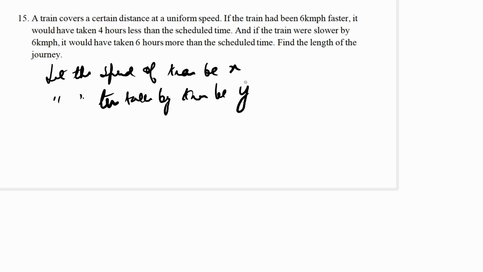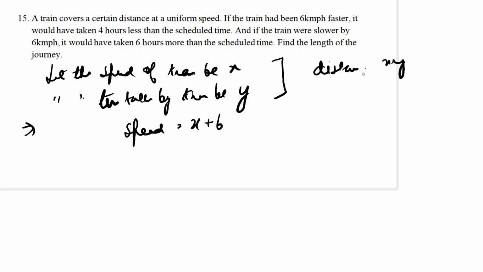Now condition 1, what does it say? If the train had been 6 km per hour faster, the speed would have been x plus 6, and it would have taken 4 hours less. In this case also the distance would be xy. Distance is equal to speed into time.